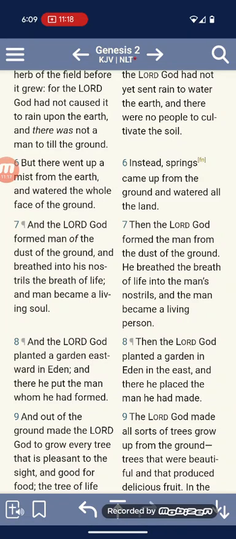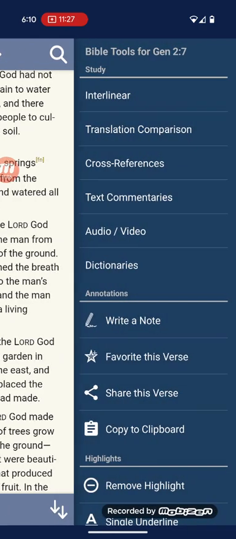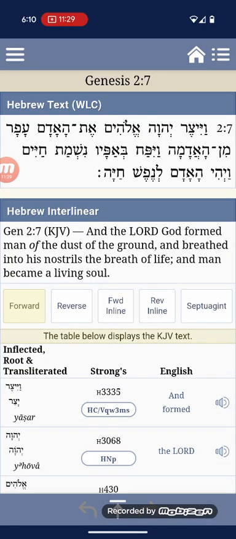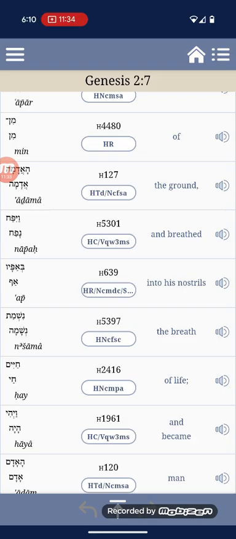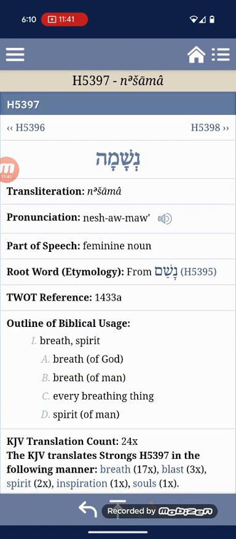So I want to see what breath means. It says, "And breathed into his nostrils the breath of life." And it is H5397. And I'll give you a pronunciation of it. Strong's H5397. Neshama. Neshama.